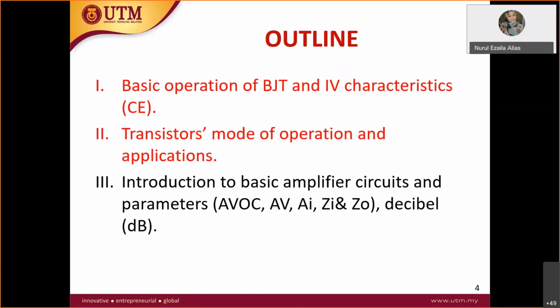The last one is the introduction to the basic amplifier circuit, and it has some parameters: the voltage gain, the current gain, and the total impedance at the input and total impedance at the output. AV means voltage gain. AI means current gain.